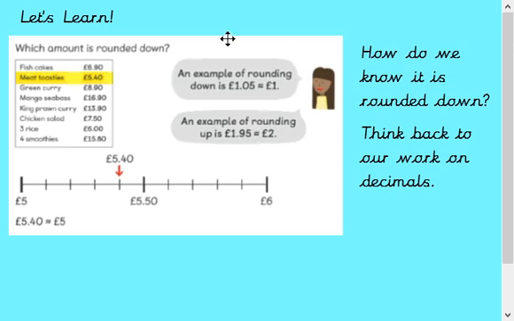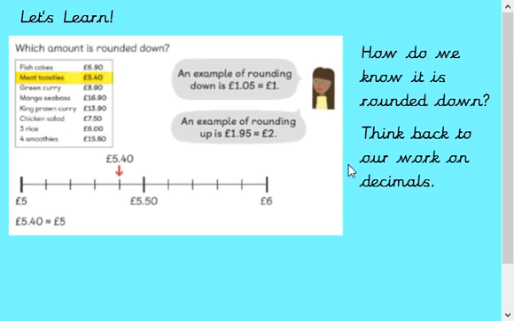So that's an important thing to keep in the back of your head. Now, my question to you is, how do we know £5.40 is rounded down? I want you to think back to our work on decimals. Press pause while you think about that for a couple of minutes, and then press play when you're ready.